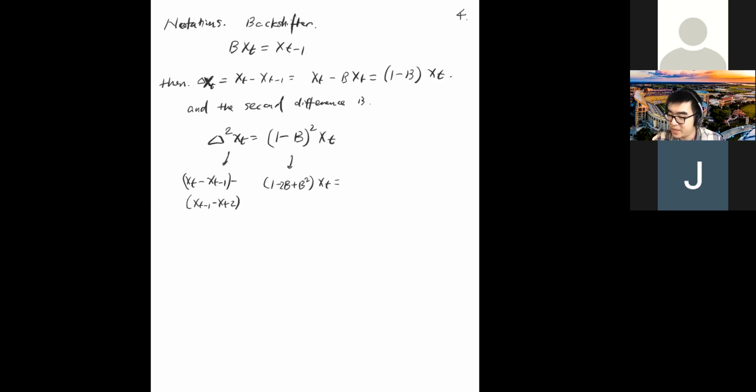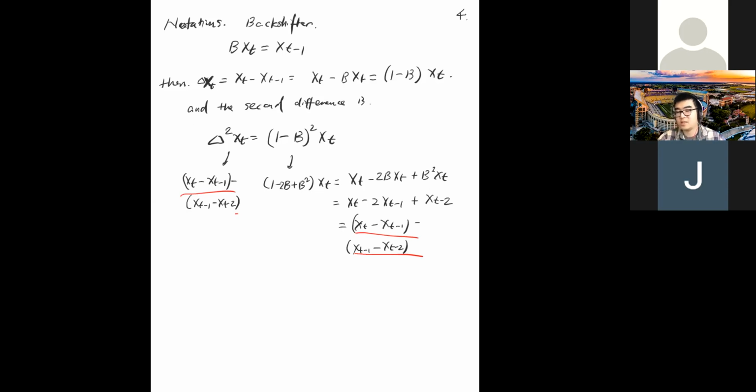If you expand this, it is xt minus 2B xt plus B squared xt, which is going to be equal to xt minus 2 xt minus 1 plus xt minus 2. So you see the left-hand side is equal to the right-hand side.